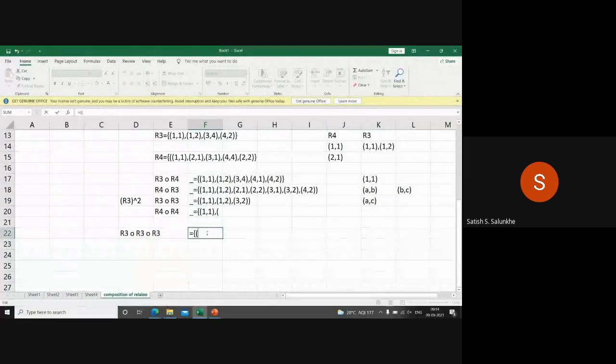Come on, quickly respond. What will be R3 composition R3 composition R3?